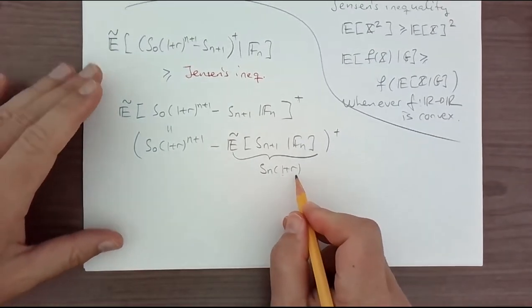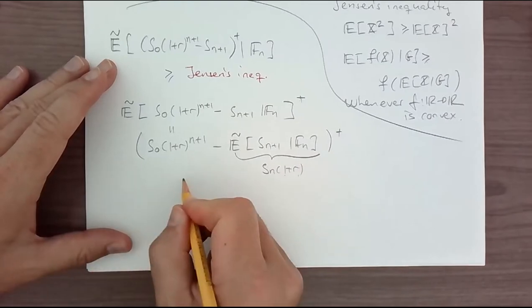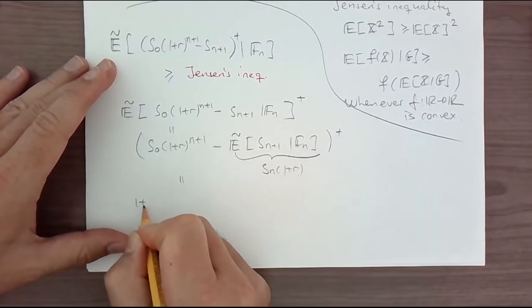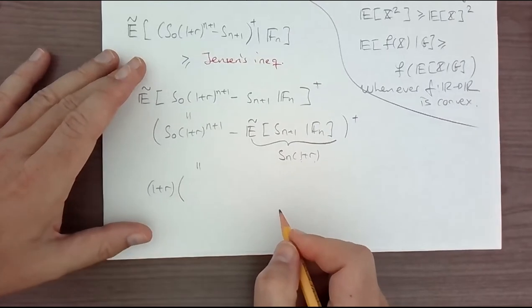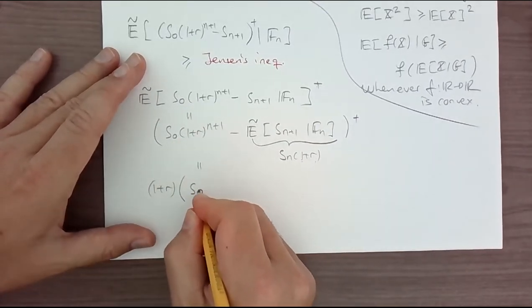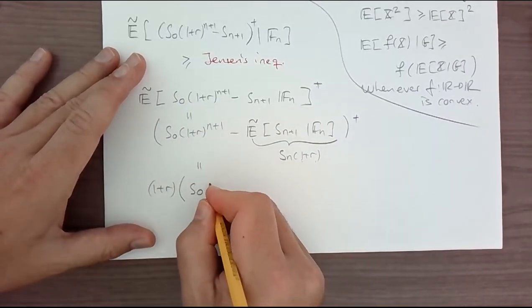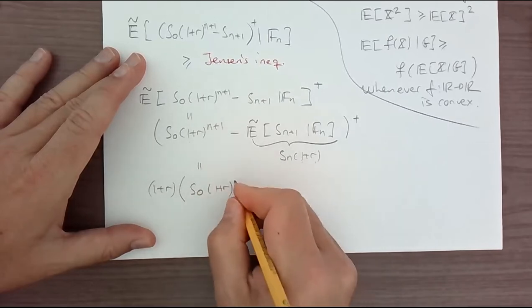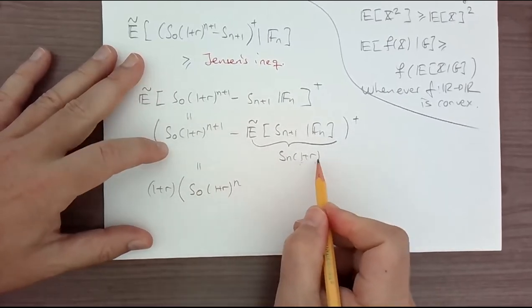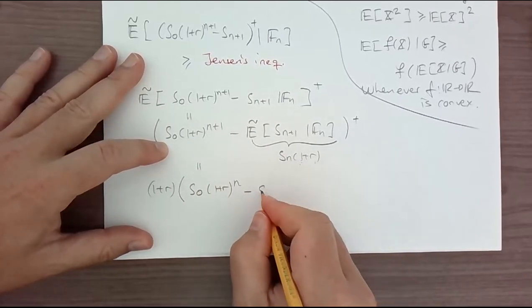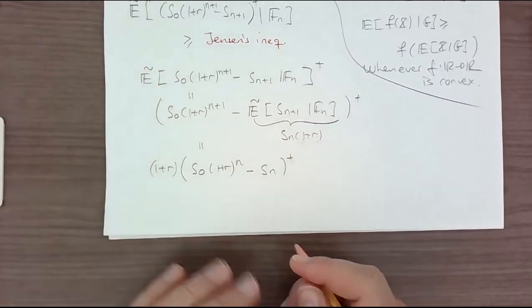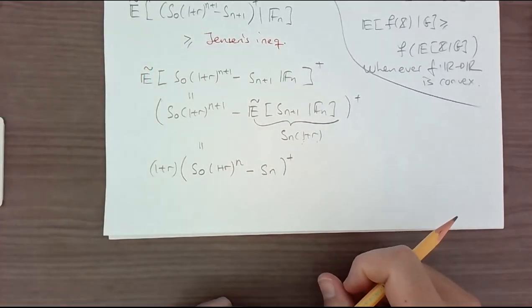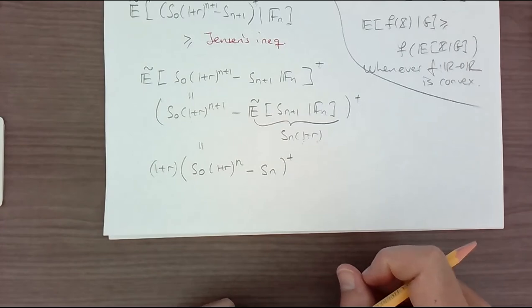Okay, so I have 1 plus r. I can put that outside. Then what's inside here will now be S0 times (1 plus r) to the nth. I move that 1 plus r outside, and I'll have a minus Sn here, positive part.